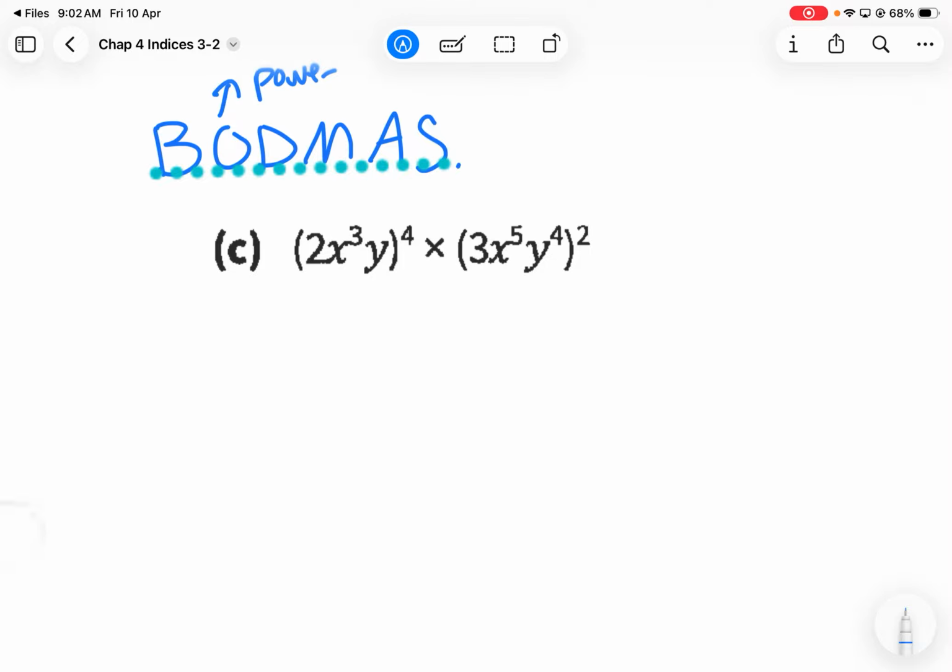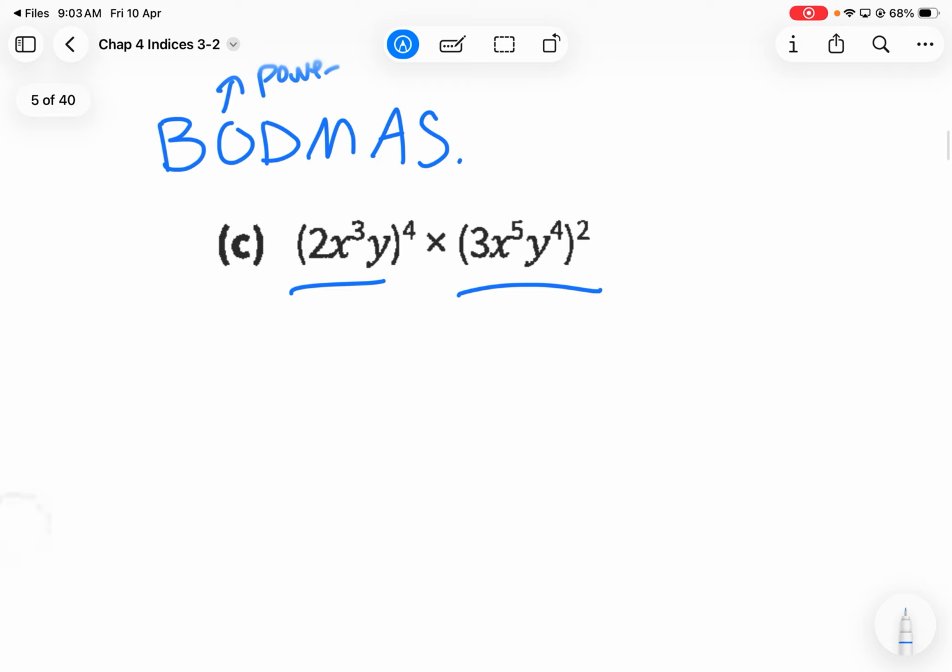Power before we multiply. So in this case we have to simplify the brackets individually first because they have power. So this power means, if I break it down, 2x cubed y multiplied by itself 4 times.